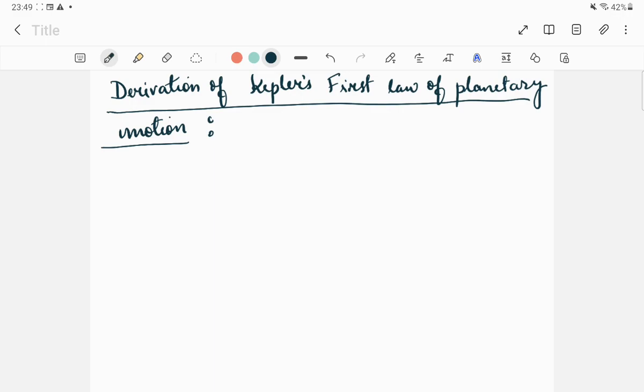At first we will write down the statement of Kepler's first law of planetary motion.